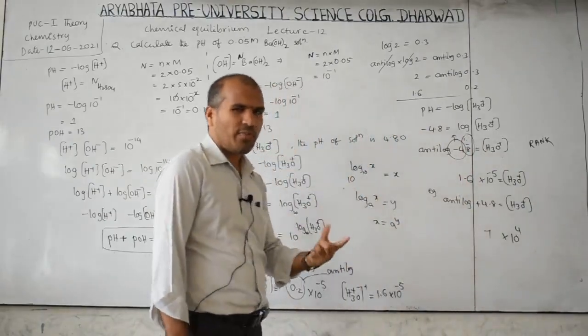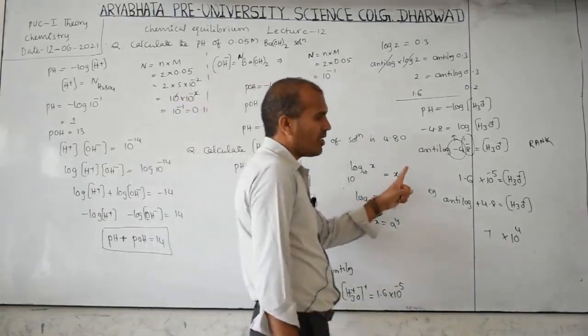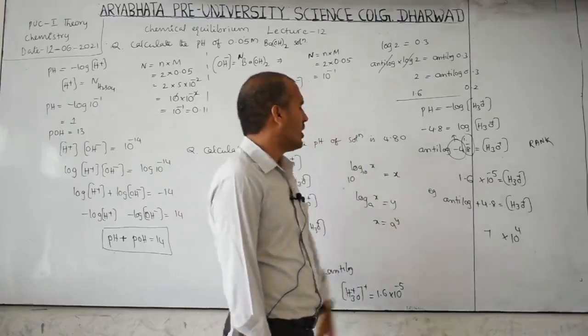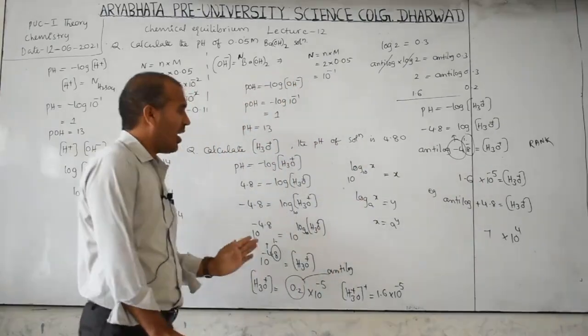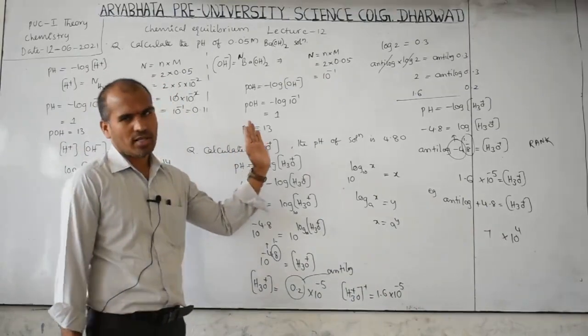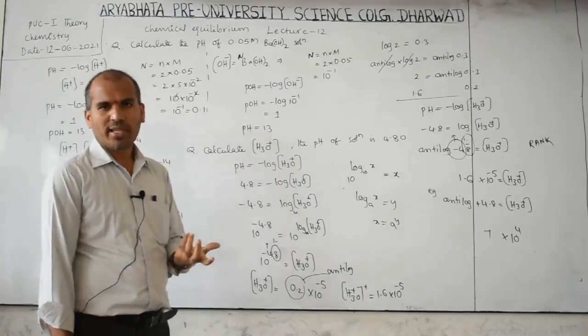I repeated this two times; if you do not understand, listen again and you will get the answer. This is the simplest way to solve the problem. So when concentration is given we have to find the pH, and when pH is given we have to find the H plus ion concentration.